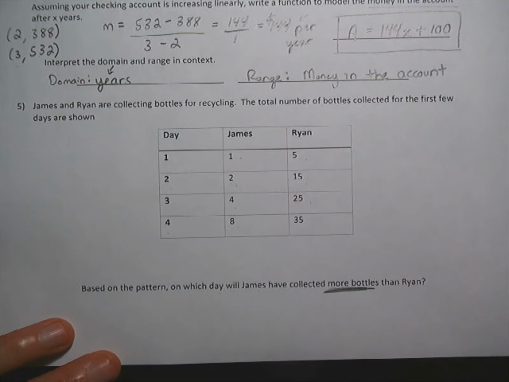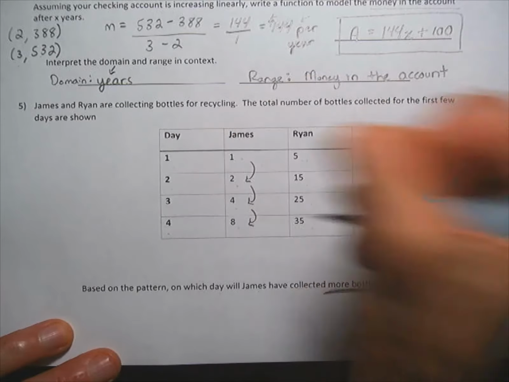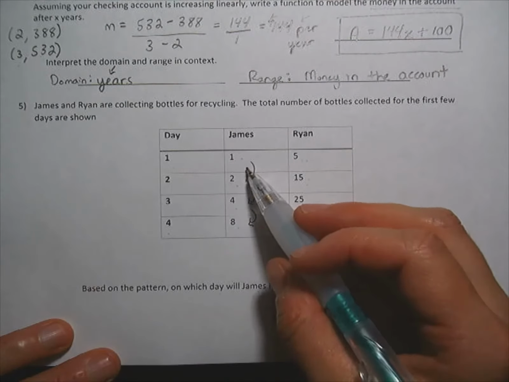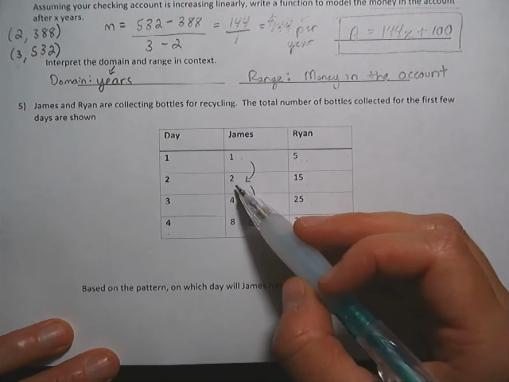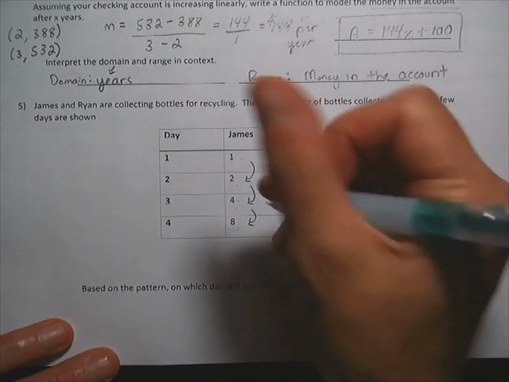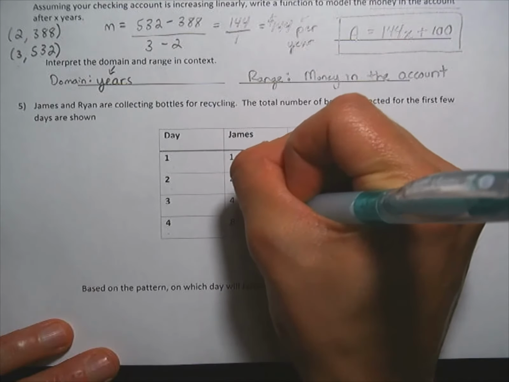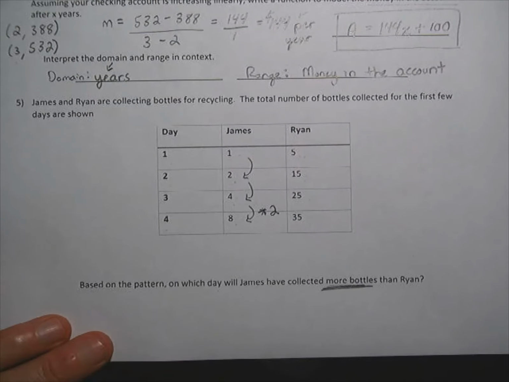So let's find the pattern. So for James, what's going on from day to day? It looks like it's going up, but what's the pattern? Well, notice to go from like 2 to 4 and 4 to 8, that's actually doubling. So James is actually doubling how many bottles he's collecting.